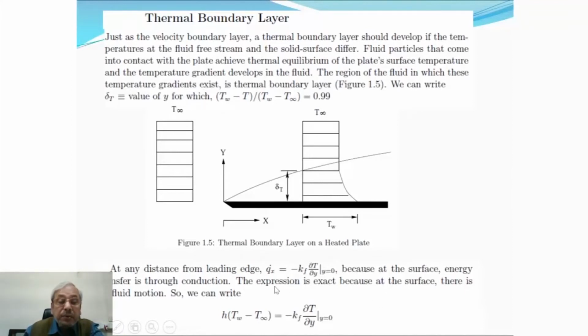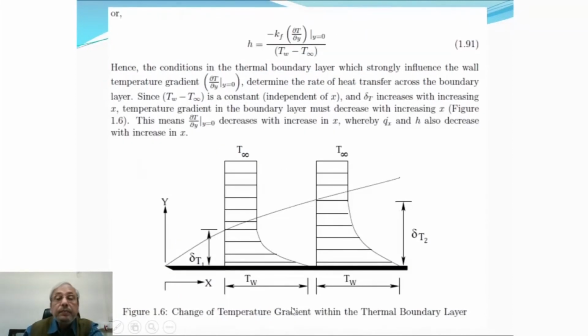We apply the no slip boundary condition, and we can write h, the film heat transfer coefficient, into Tw minus T infinity equal to minus Kf into del T del Y at Y equal to 0. But this conductivity is the conductivity of the fluid. So h is given by minus Kf del T del Y at Y equal to 0 divided by Tw minus T infinity.